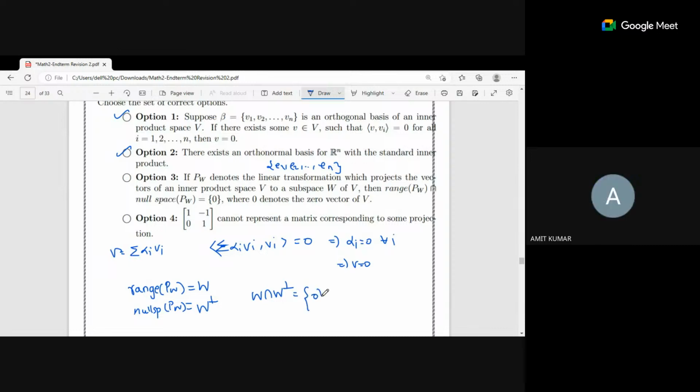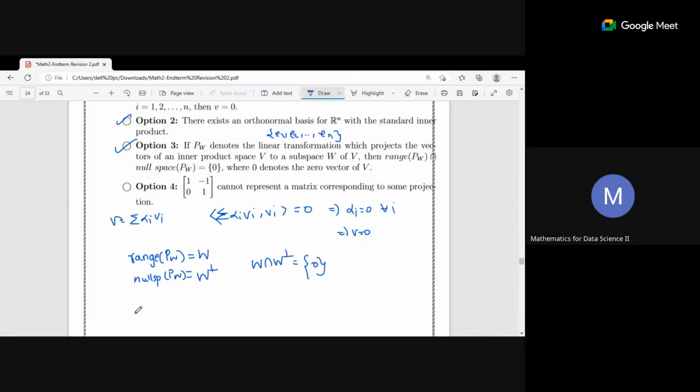What is the intersection of W and W perp? 0. Okay. Fine. The matrix [0, -1; 0, 1] cannot represent a projection. What is the property for a projection? If P is a projection, then P squared is equal to P itself.